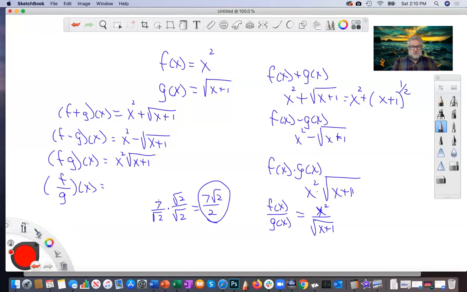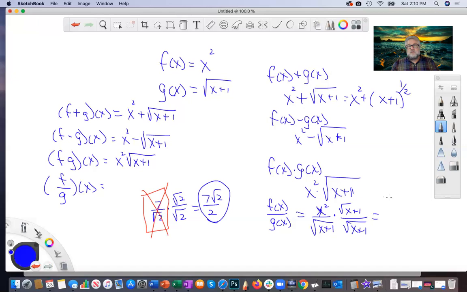Let me do it in red so it's scary. This one is not the proper form. You have to rationalize the denominator by multiplying by the square root of the thing that's down here. So likewise, over here, I'm going to multiply by square root of x plus 1 over square root of x plus 1.